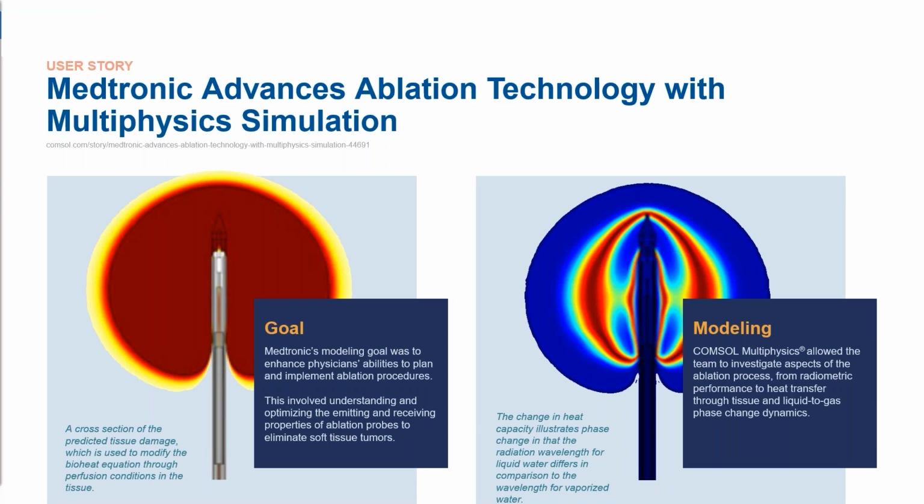These researchers, at their site in Colorado, used COMSOL Multiphysics to simulate ablation of tissue. This is from a tumor, so of course we want to get rid of the tumor tissue, and it's using radio frequencies. The interesting thing here is that it also included some phase change, so it's quite an interesting model. Again, if you want to know more details, you can check it out at COMSOL.com.